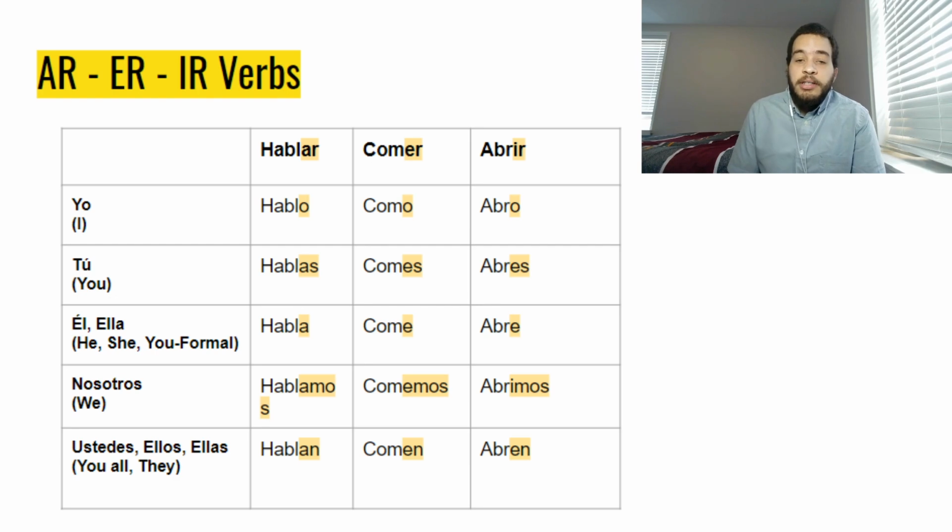All right, now we're going to talk about conjugations of regular verbs. So in Spanish, verbs will always end with a pair of letters. It's going to end in an AR, an ER, or an IR. So let's take a look at the verb to speak, which is hablar, in the first column on the left. Yo hablo, I speak.